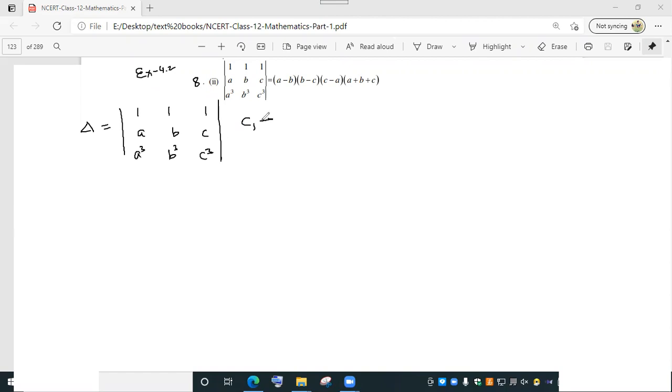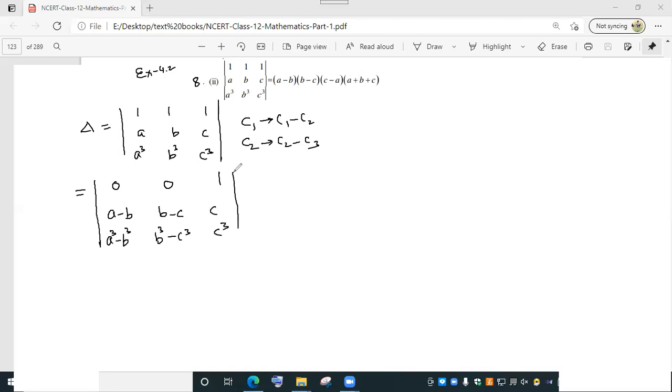So column 1 minus column 2 gives 0, a minus b, a cube minus b cube. Then again column 2 minus column 3 gives 0, b minus c, b cube minus c cube, and the third column is 1, c, c cube.